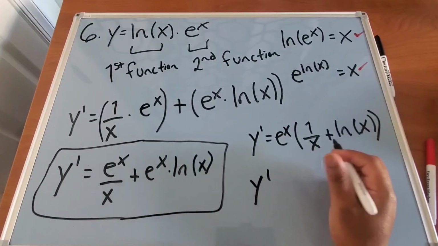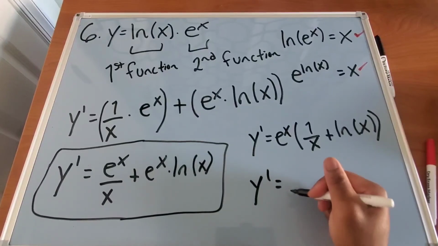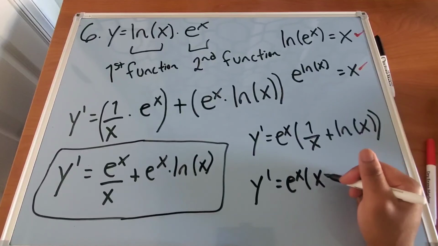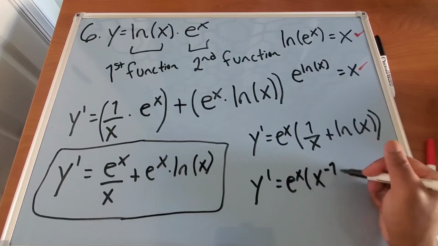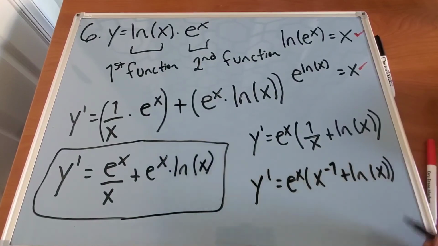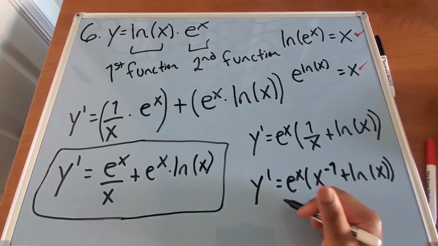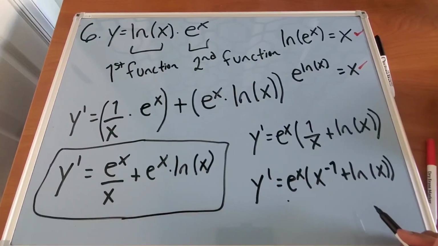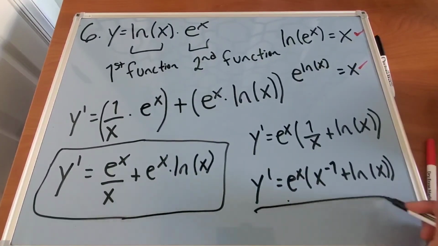So as long as you're allowed to use negative exponents, I would, just so it looks a little bit cleaner. So you could say e to the x times x to the minus 1 plus natural log of x. Either one, these are both the same. I prefer this one, but you can use this one if you want to. Either one is the right answer.